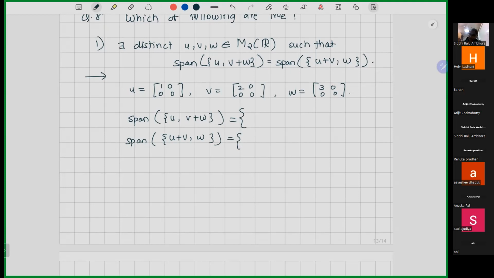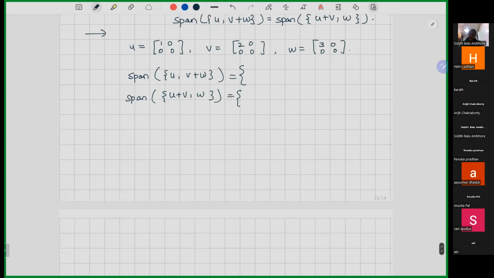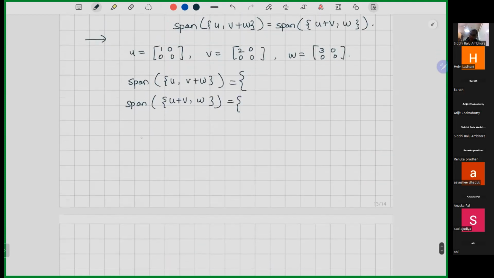Okay, so span of u comma v plus w. First understand that if I take u, so u is what? My 1000. And what is v plus w? It is this element, 5000. Again, w is 3000. And what is u plus v? u plus v is 3000.